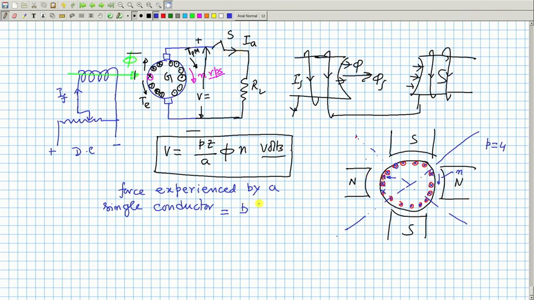The current through this conductor is I_A by A, that I know, that is very important. B I_A into the length of the conductor, just like the EMF equation I am going.